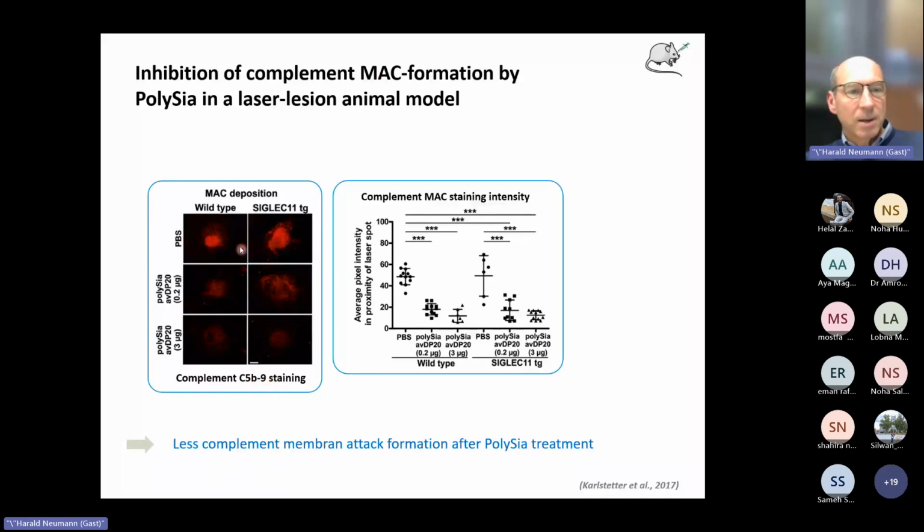And you can see here there is a complement deposition after the laser lesion in the wild type and CYCLAC11. And if you now give polysialic acid, it's turned down. And this turning down of the complement cascade is independent of the CYCLAC11 receptor. So in the CYCLAC11 transgenic, it was the same effect size as in the wild type for the low concentration as well as for the higher concentration.